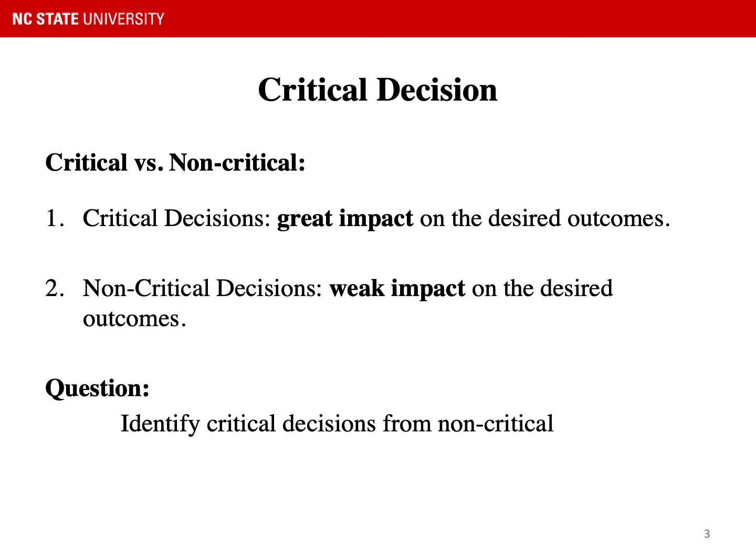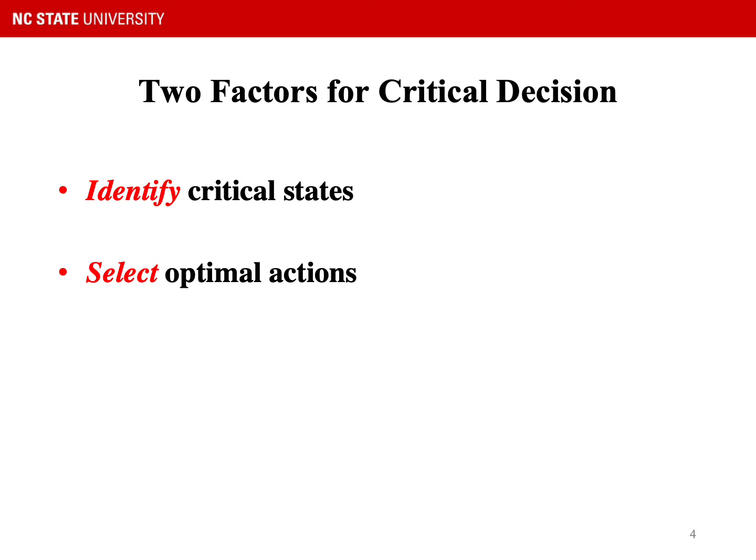So now the question is how to identify critical decisions from non-critical ones. In order to identify critical decisions, our result shows that we need to identify critical states first and then determine what is the optimal action on the critical states.